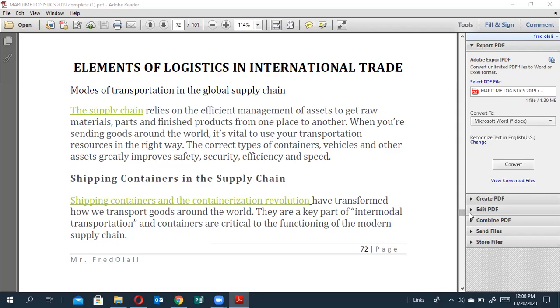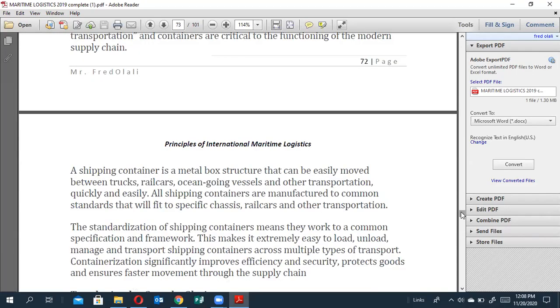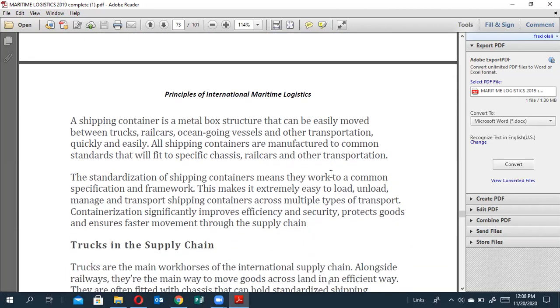We know that the invention of containerization has allowed the easy interchange of various modes of transport, from rail to ship, from ship to trucks, and all that. So a shipping container is a metal box, a structure that can be easily moved between trucks, rail cars, ocean-going vessels, and other transportation quickly and easily.